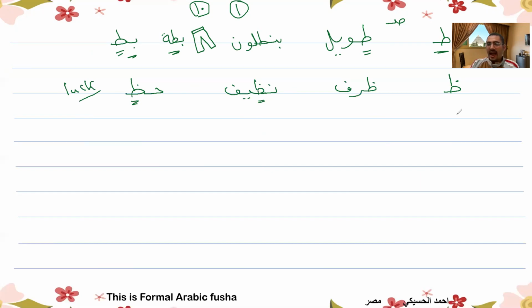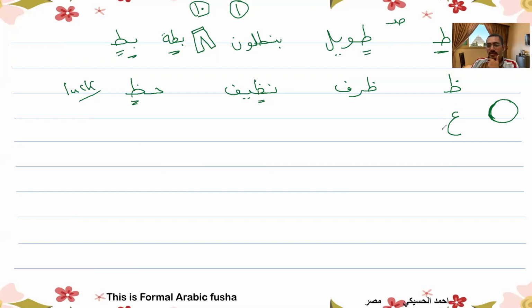Later, عين. عين has this curve, this arc, as a part of a circle.